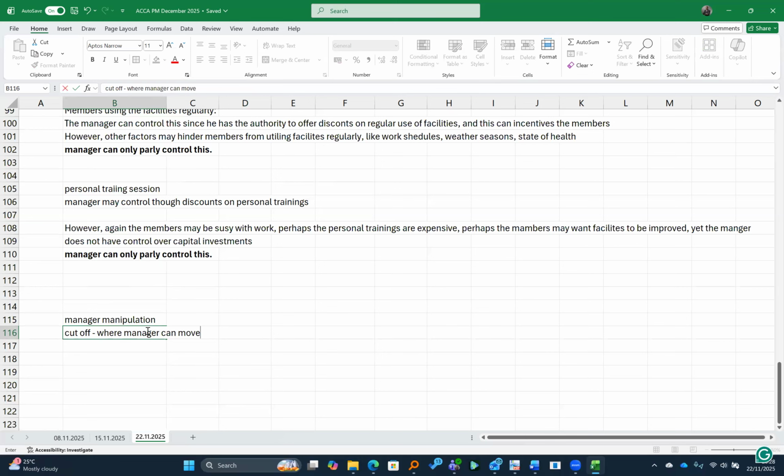can move items between the quarters to ensure that targets are hit for all quarters.